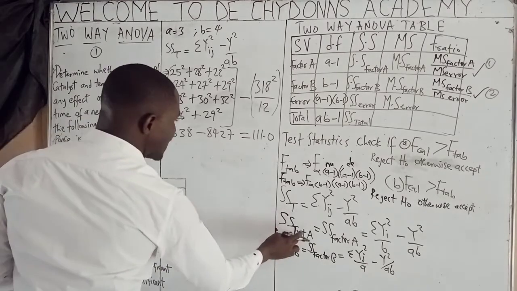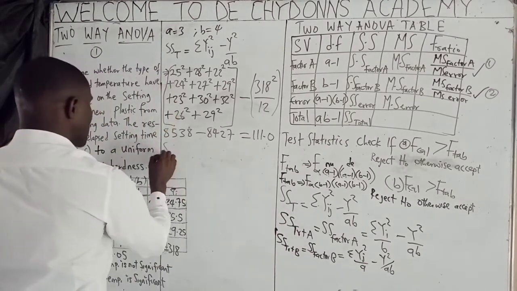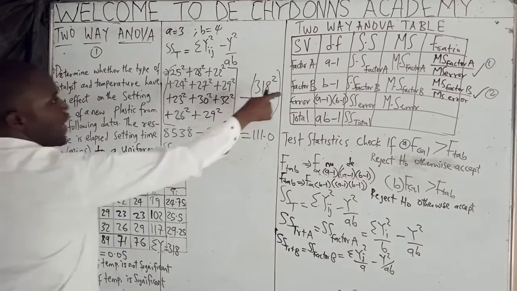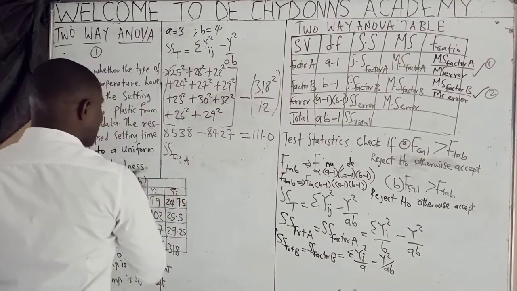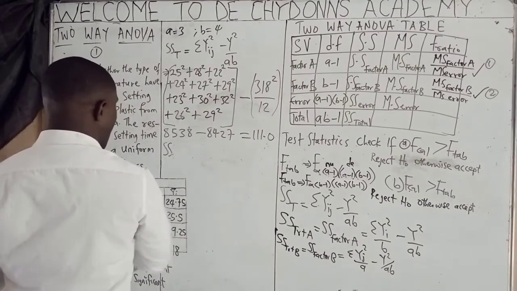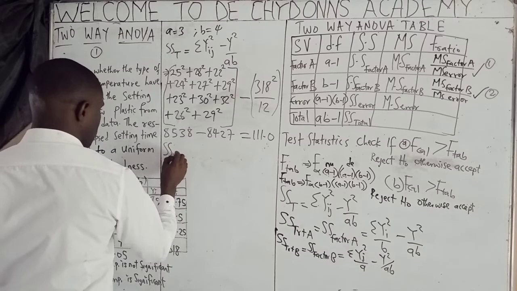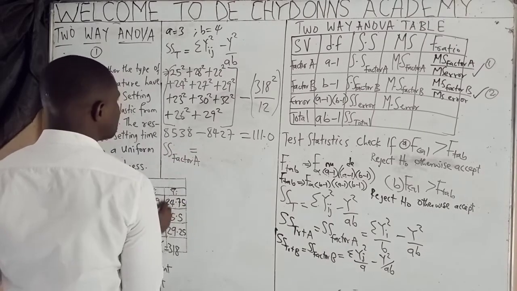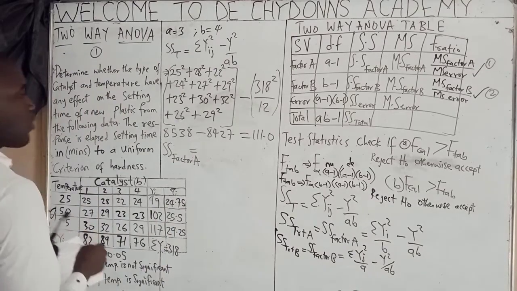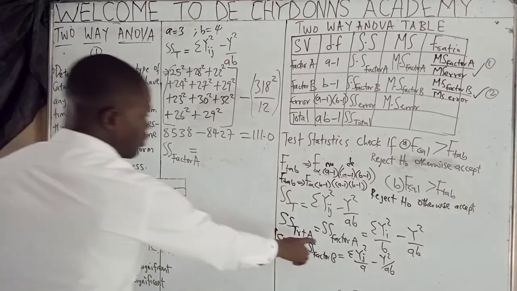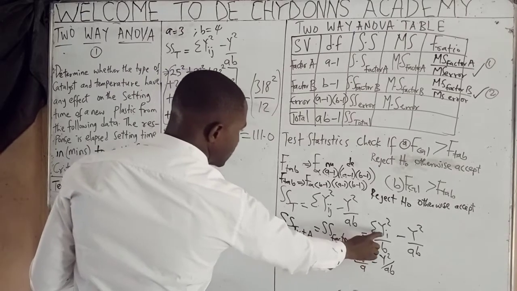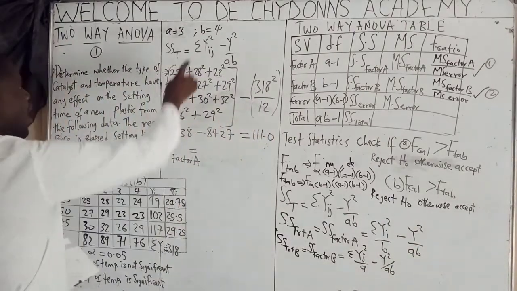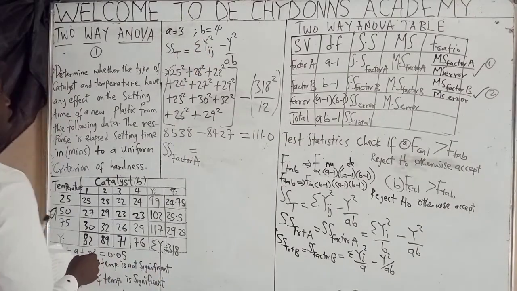Now we go to SS treatment A. We say SS treatment A or SS factor A. Let's write it as factor A because we say they are equal. SS factor A is equal to, look at formula, summation of yi squared over b minus y squared over ab. So our B is 4 and our A is 3.